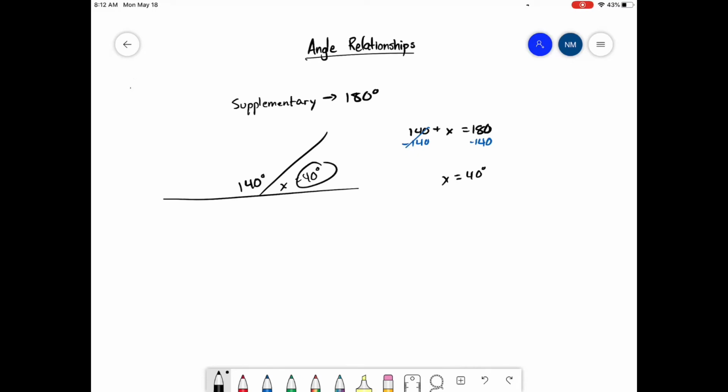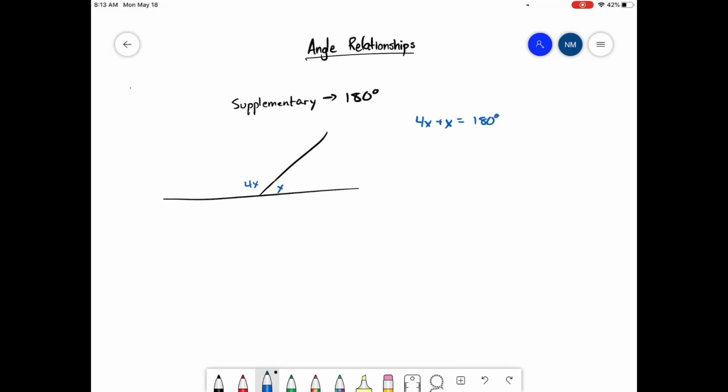If we have one slightly harder, where we have to solve something a little more difficult, we'll say one is equal to 4x. And the other is equal to x. Once again, we take those two measures and we add them. So we do 4x plus x is equal to 180 degrees. And then we solve.